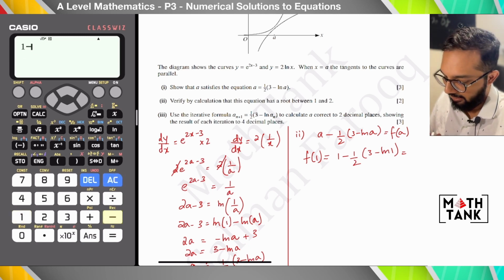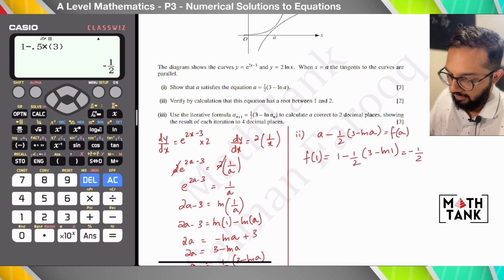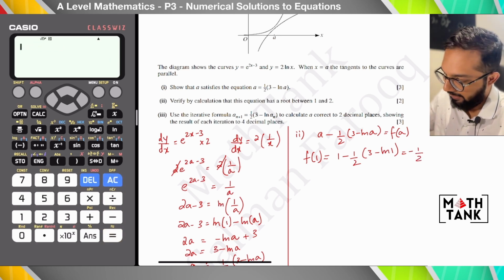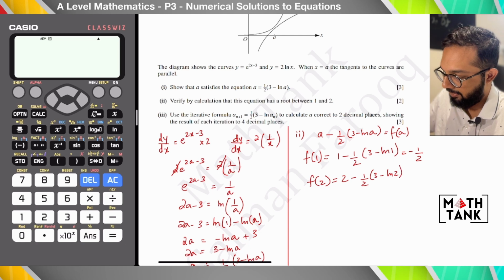So f of 1 is 1 minus 0.5 into 3 minus ln 1, which is 0, so just 3. So I get minus half. Then f of 2 is 2 minus half, 3 minus ln 2.